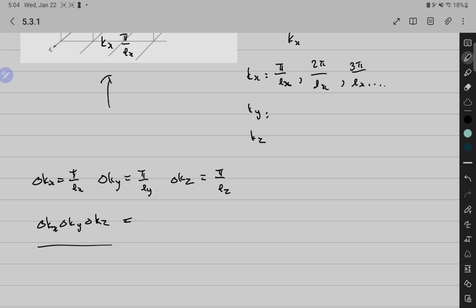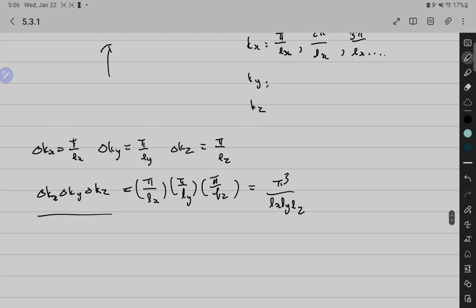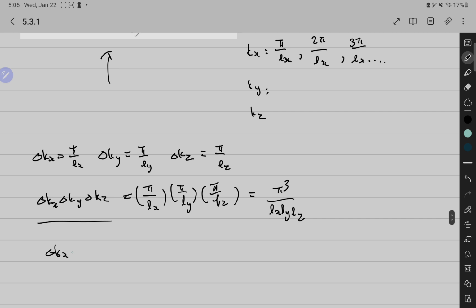This gives us pi over Lx times pi over Ly times pi over Lz, which is pi cubed over LxLyLz. This is the volume of a single quantum state in k space. Or we could write this as the change in kx times the change in ky times the change in kz, which is simply pi cubed over V, where V is the volume.